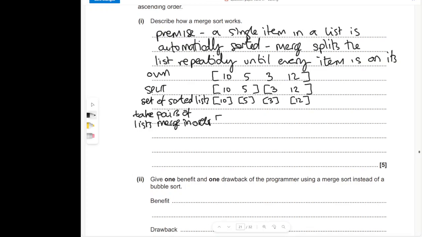So I'm going to take these two and I'm going to put 5 and 10. I'm going to take these two and they just happen to be in the same order and they merge to that. And I do this until I've got back to one single list. So keep doing it until a single list exists.